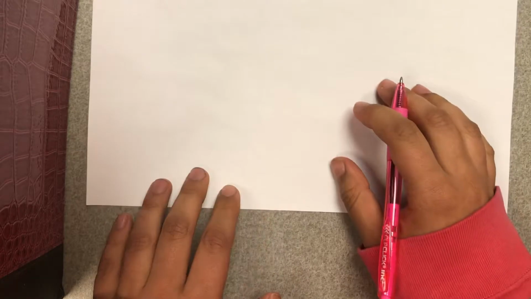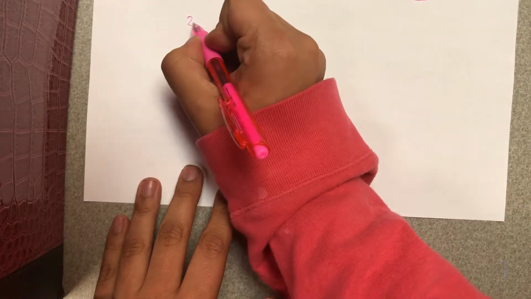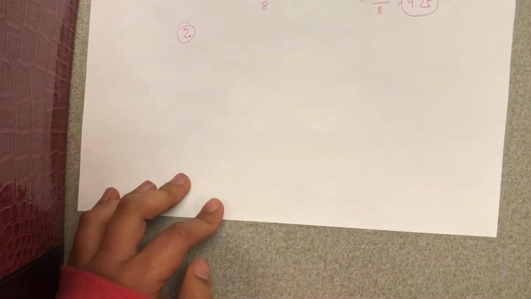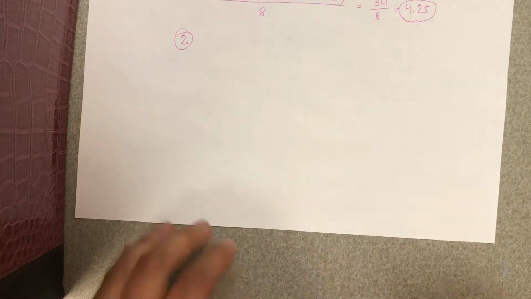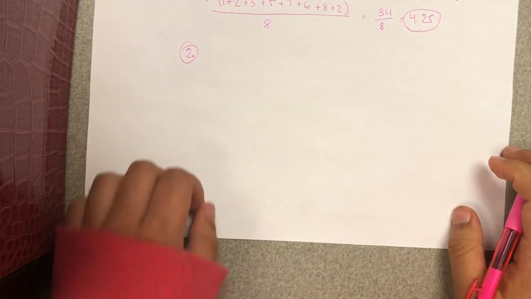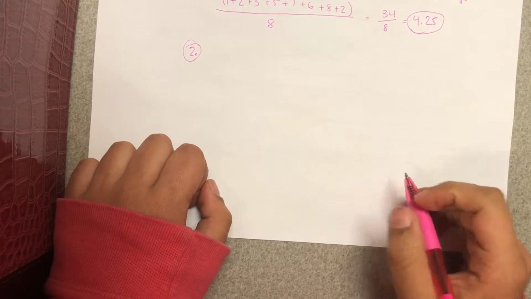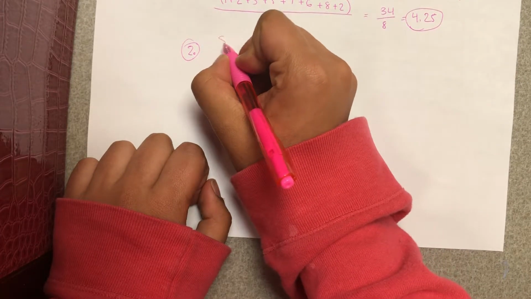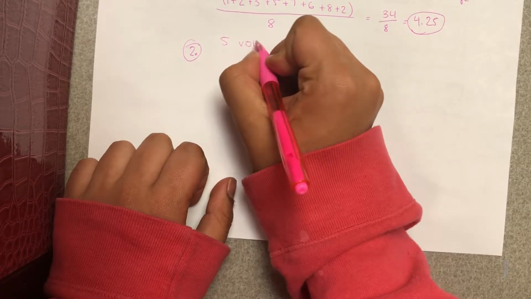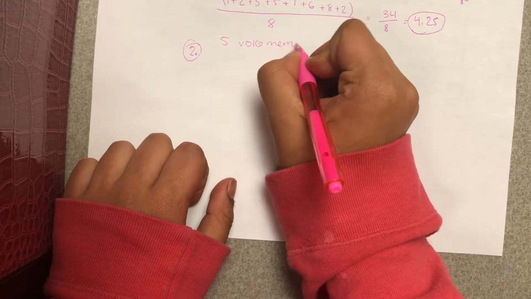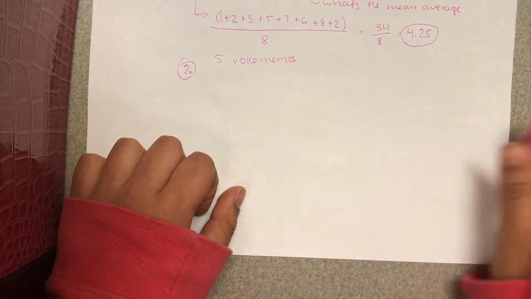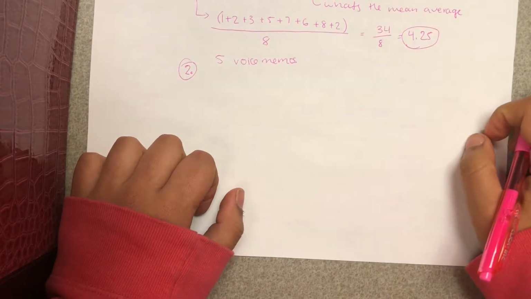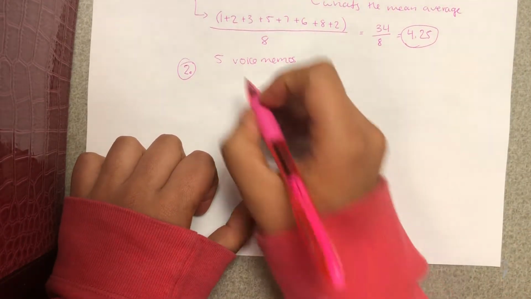Okay, let's do a couple more questions. So this is the second one. Now let's put some context behind this. So say you have 5 voice memos, and all of them have different lengths, so they're all different amounts of minutes.